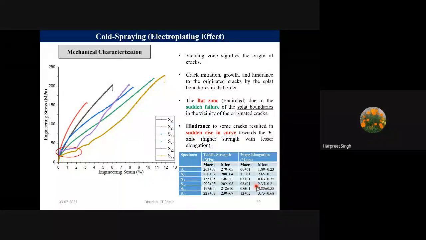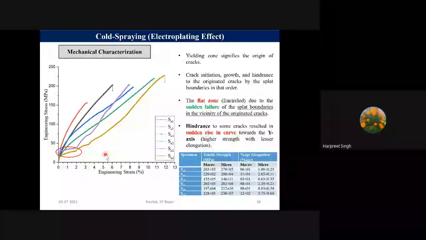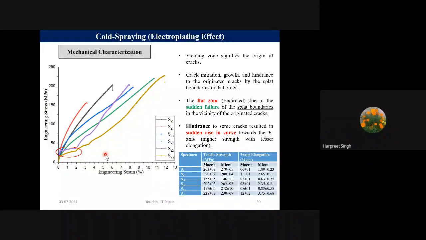Then, of course, we have this mechanical characterization again. Stress strain curves. We have seen these again. It depends upon you guys how nicely you see these, how nicely you introspect on these curves, right?